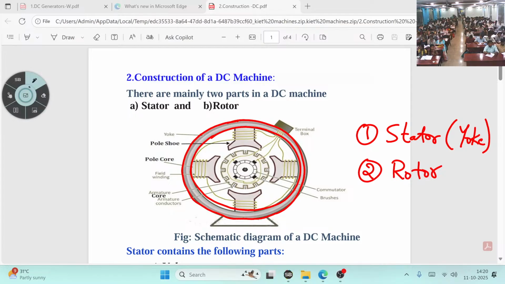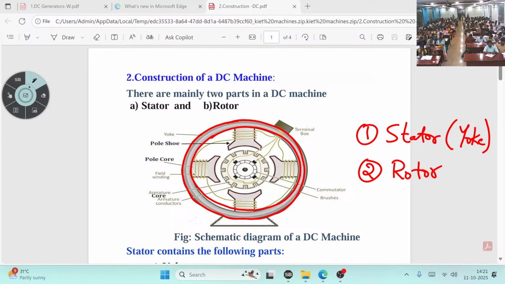One is stator, the other name is yoke. What is the function of this yoke, what is the function of stator? It will perform two things. One is it will protect the total generator from external means, or it will give mechanical strength to the generator.